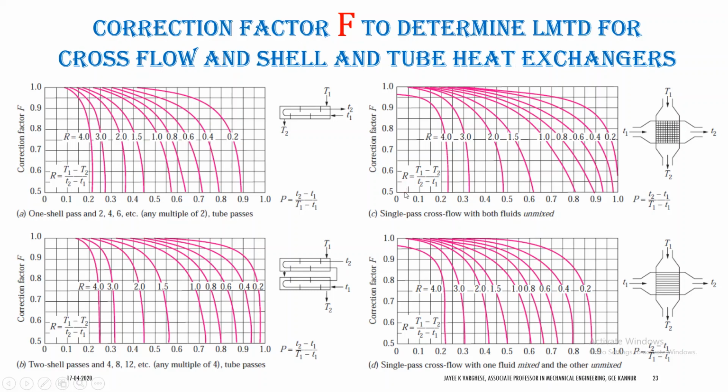There will be 4 charts available. The first one is for the shell and tube heat exchanger, 1 shell pass and 2, 4, 6 etc., multiples of tube passes.